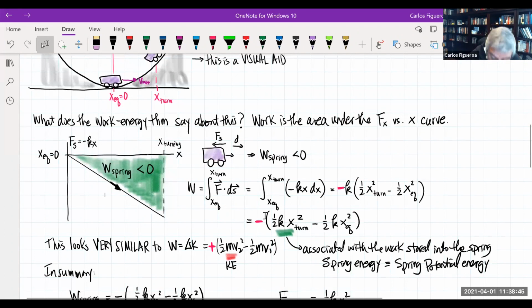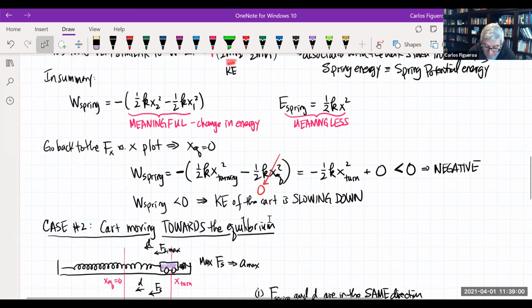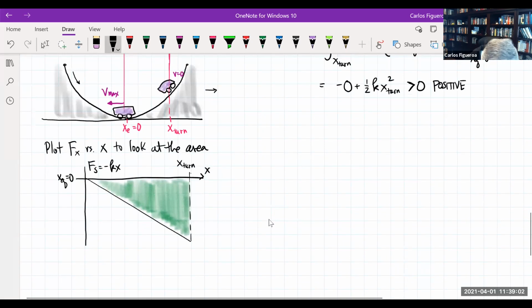Maybe what I should have done here is that the reason why this is negative is that the spring force is in that direction, and the displacement is in that direction. So I am going more and more negative. But now what I'm doing in this curve, I'm actually moving in this direction. In other words, I have my displacement in that direction, and I have my spring force in that direction.